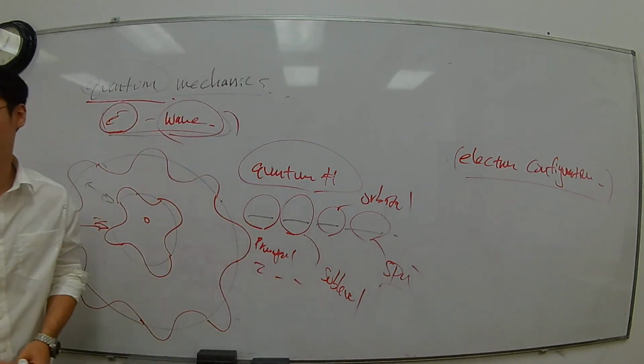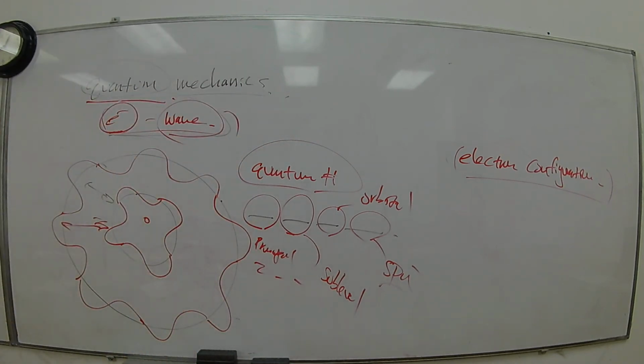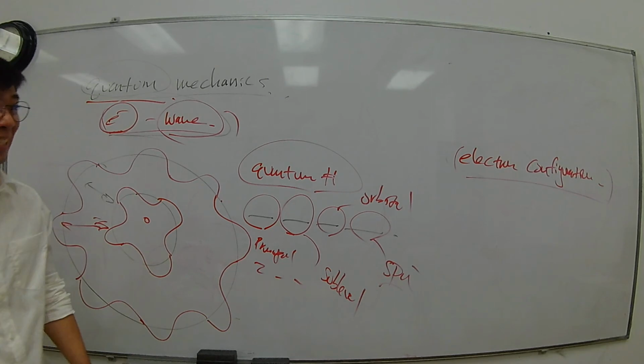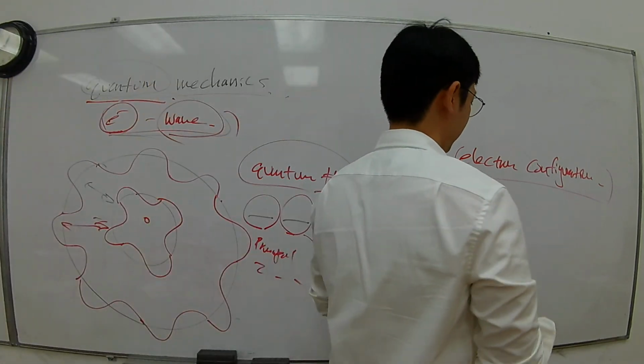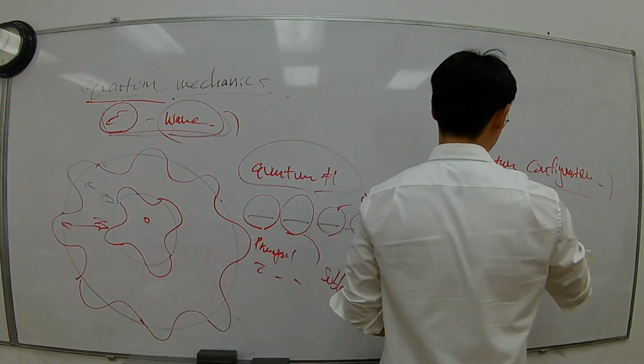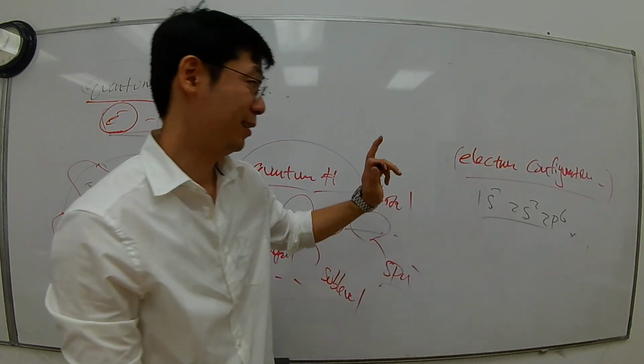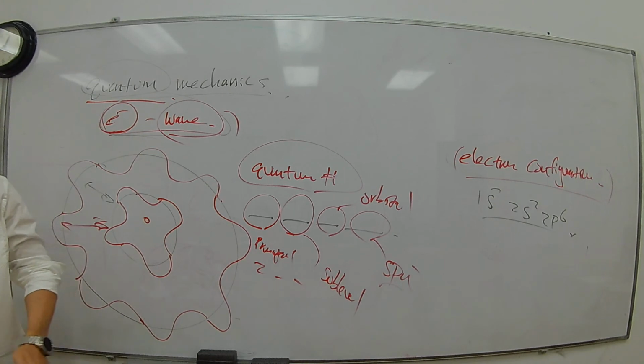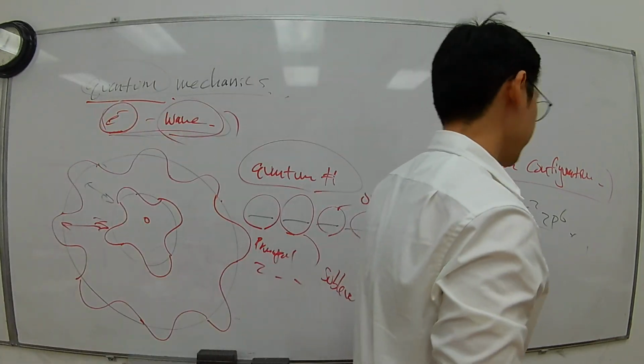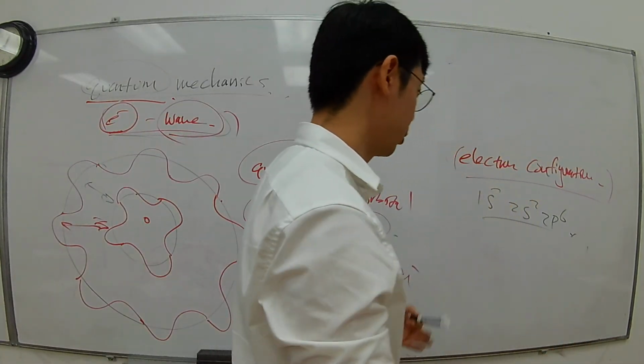If you don't know it, I really don't want to talk about it, but this is important, by the way. Like 1s2, 2s2, 2p6, and stuff like that. That's what electron configuration is. Absolutely no question that you need to know that, guys. The electron configuration is based on quantum mechanics.